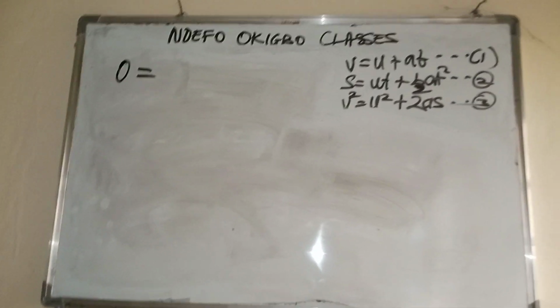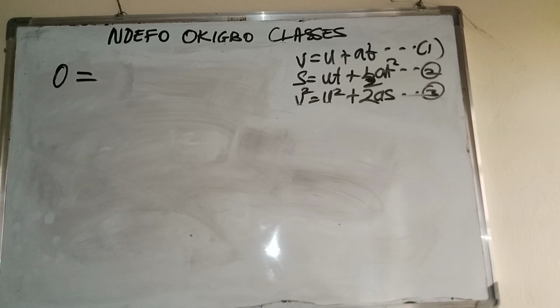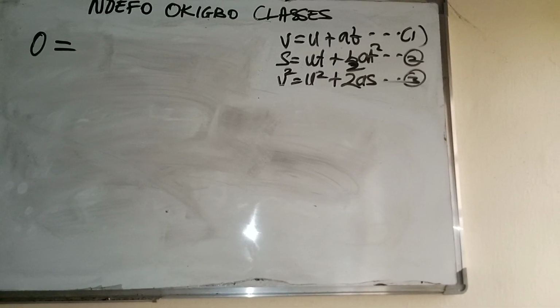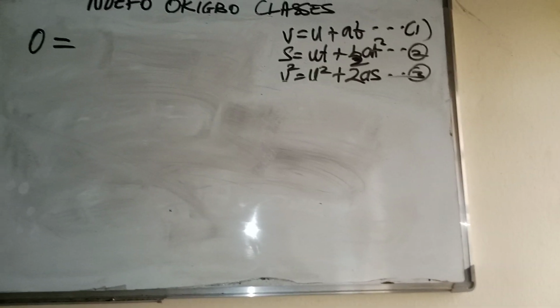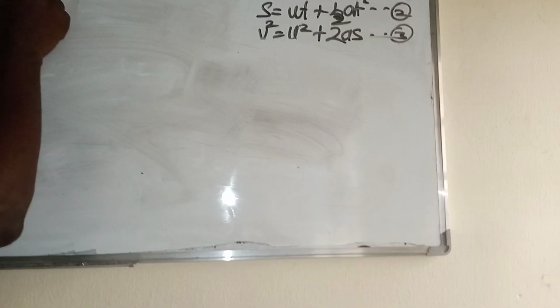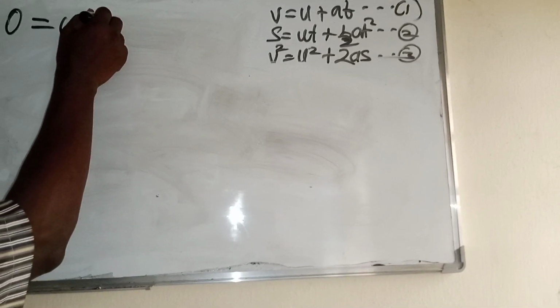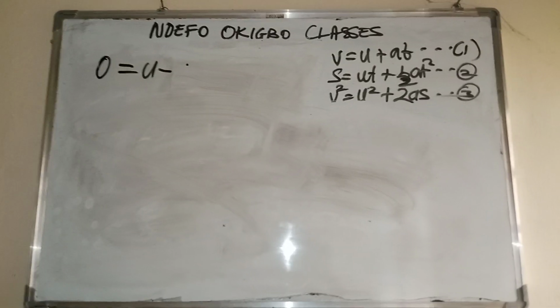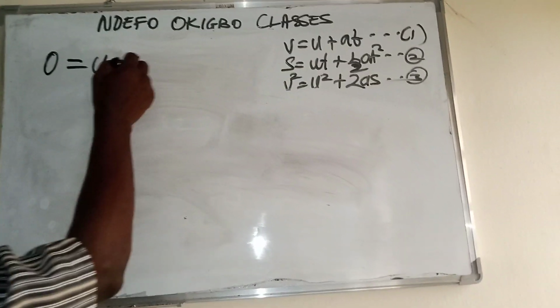Then initial velocity u is v minus at, with v equal to 0. A is 0.5, that's the acceleration, and time is 15 seconds. It was decelerating, so u equals 0.5 times 15.